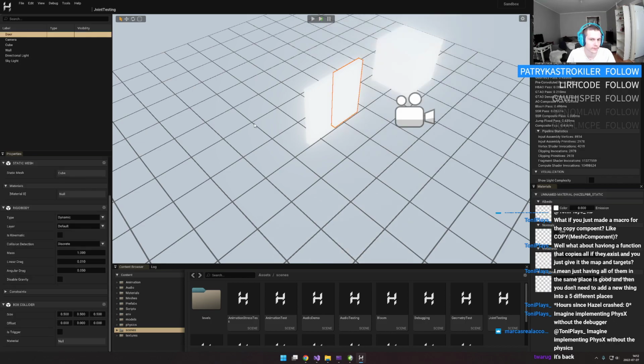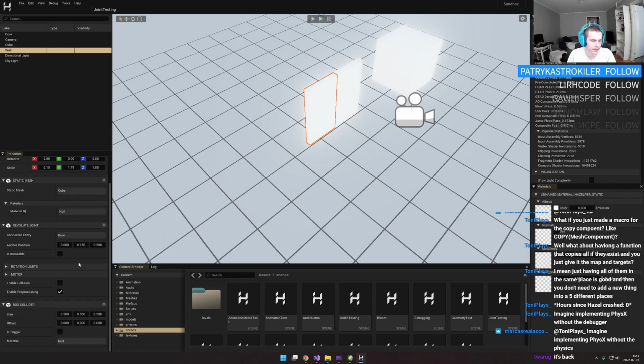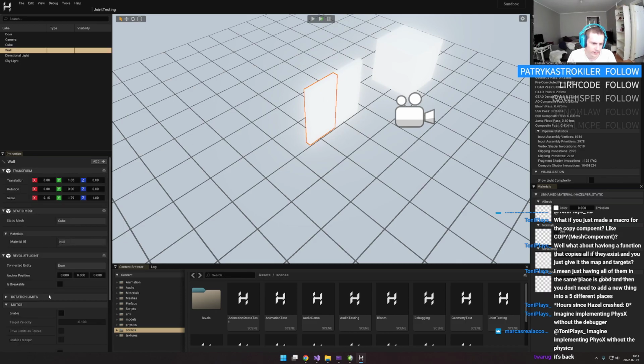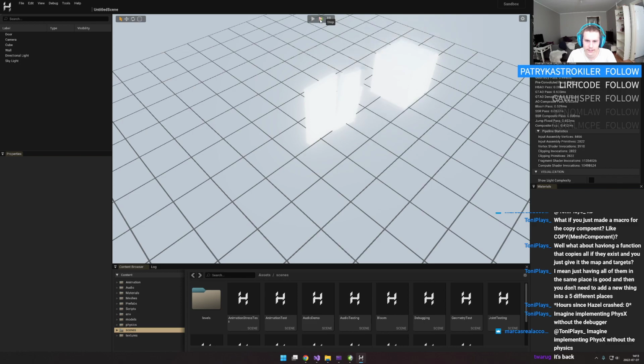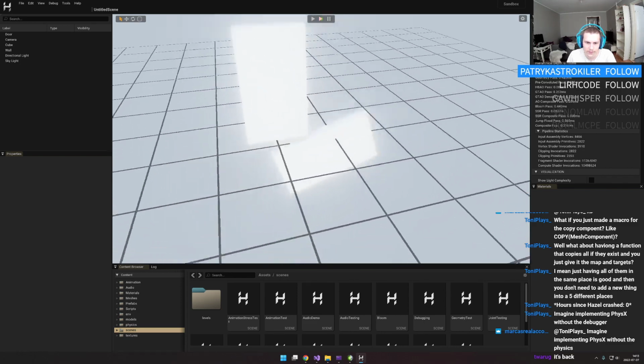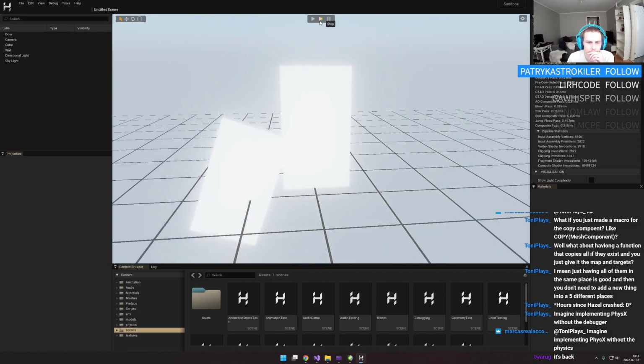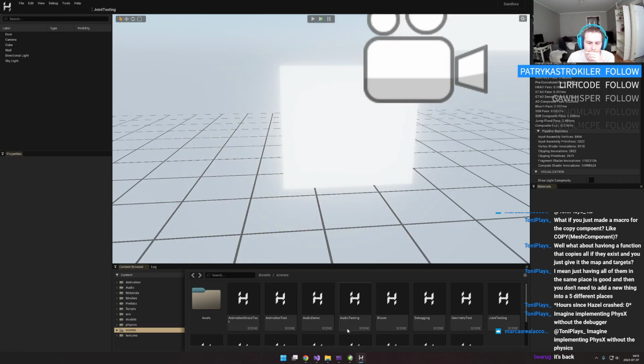First of all, let's go ahead and zero out these, and let's disable the motor. Let's also, for the purpose of this, disable the limits, although I can already tell that did not look correct. Yeah, that doesn't look correct at all. For some reason.